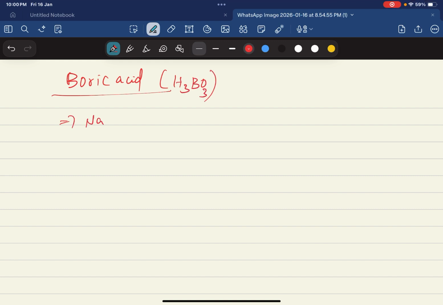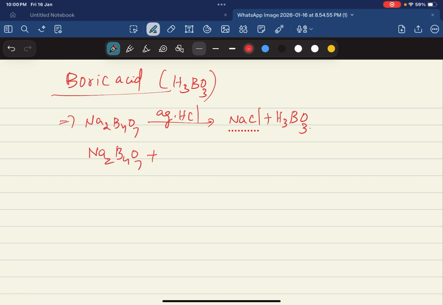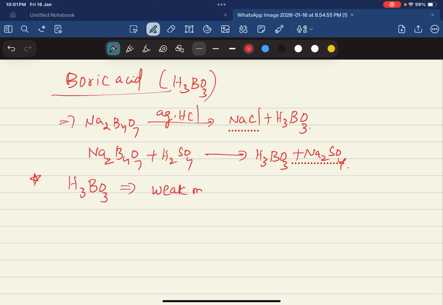So here Na2B4O7 with aqueous HCl will give NaCl plus H3BO3, and in the same way with H2SO4. This preparation is also important, so we get H3BO3 plus Na2SO4.